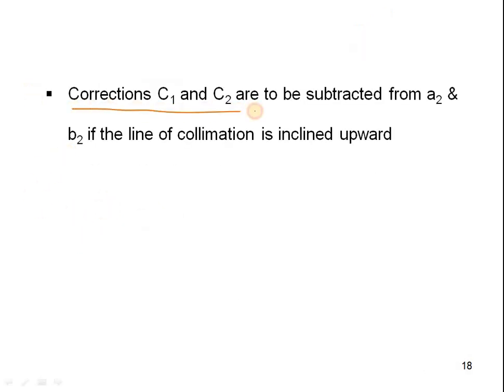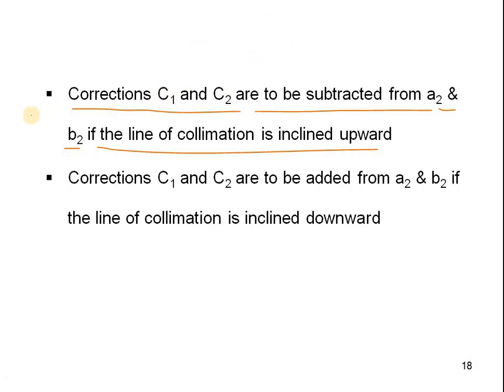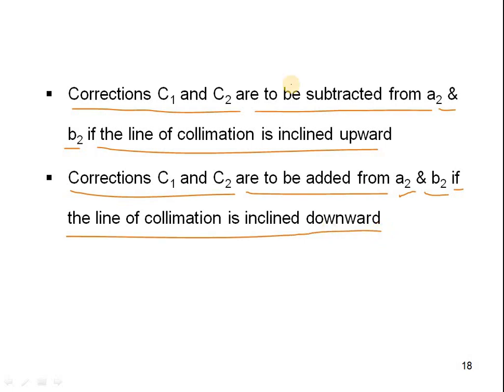Corrections C1 and C2 are to be subtracted from A2 and B2 if the line of collimation is inclined upward. If the line of collimation is inclined downward, then the corrections C1 and C2 are to be added to A2 and B2.